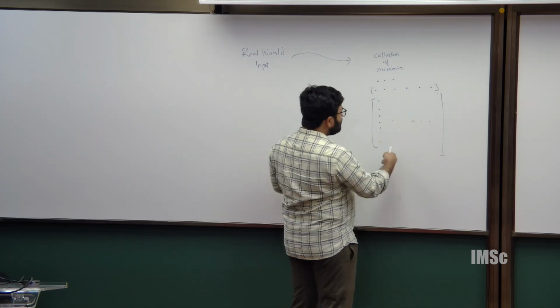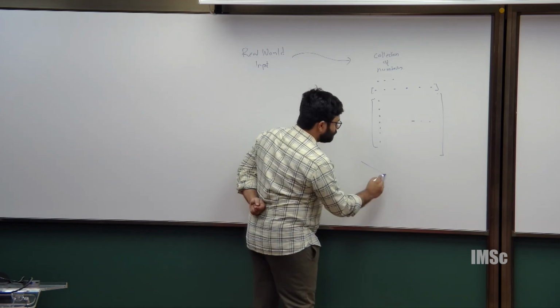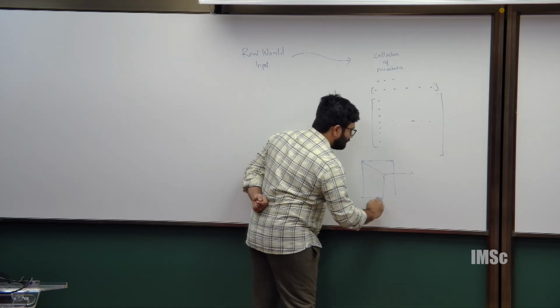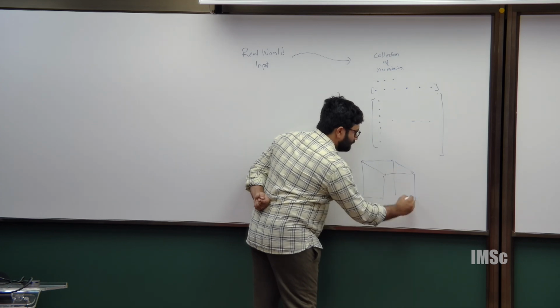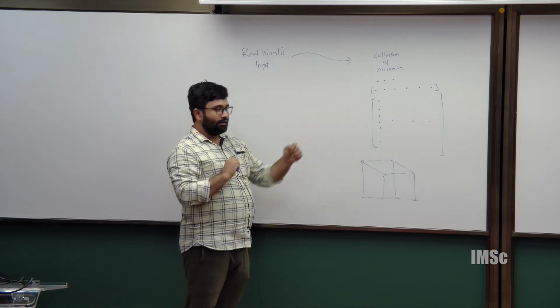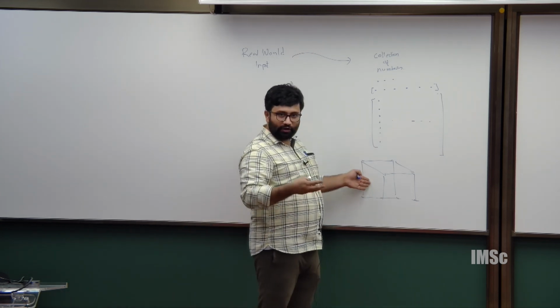This notion can be extended to higher dimensions, so you can have so-called tensors. This is like a 3D tensor. I don't know if I drew it correctly, but you get the picture. You can have 3D tensors, 4D tensors, and so on.